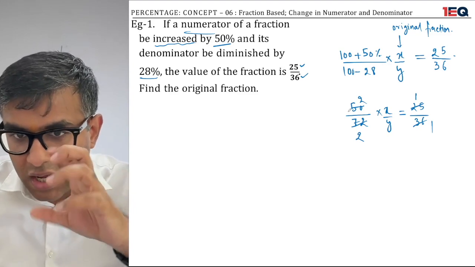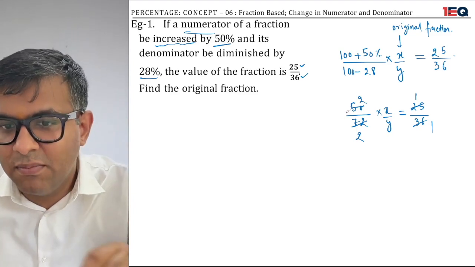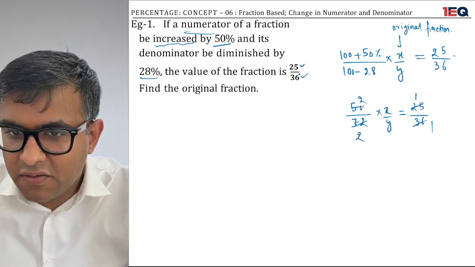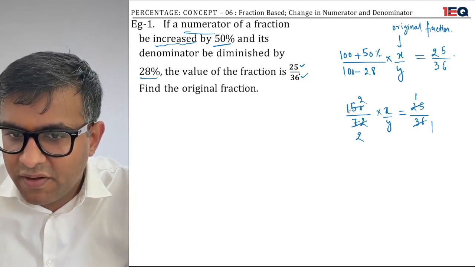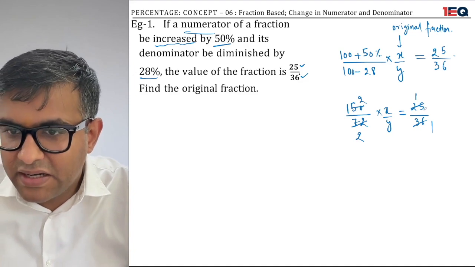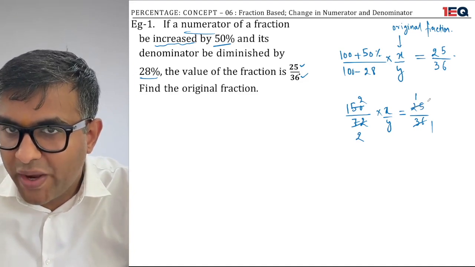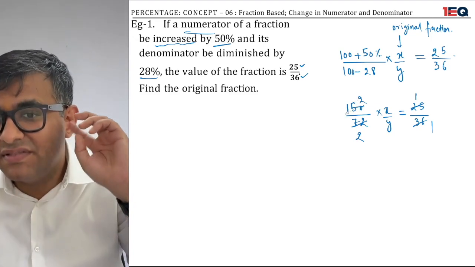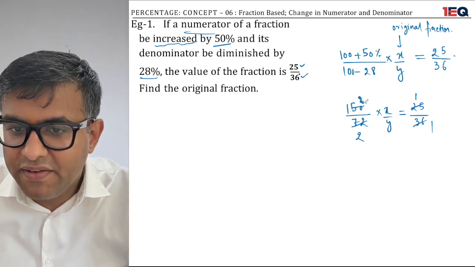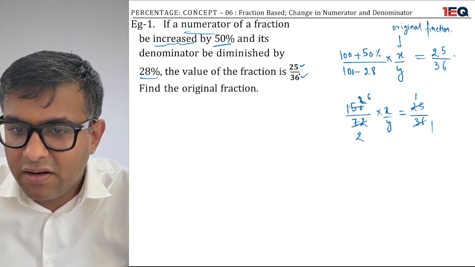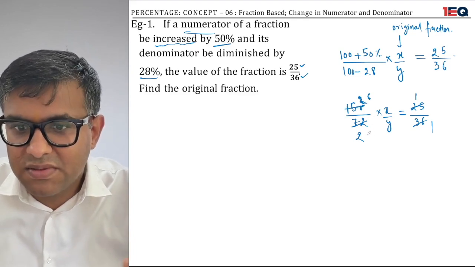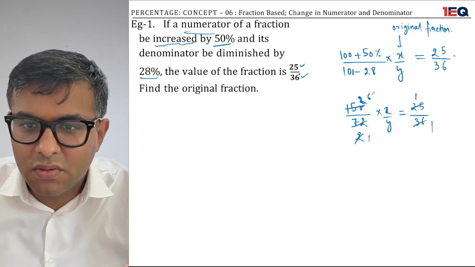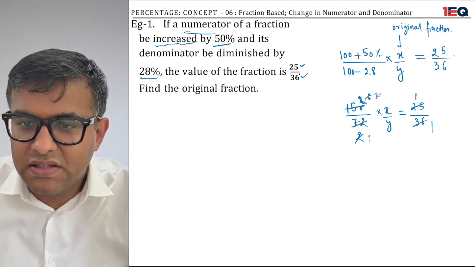So just look at how I'll mold the question with the same concept. Instead of this being 50, it's going to be 150. I divided it with the help of 25. 25 ones are 25 and 25 sixes are 150. 2 ones are 2 and 2 threes are 6.